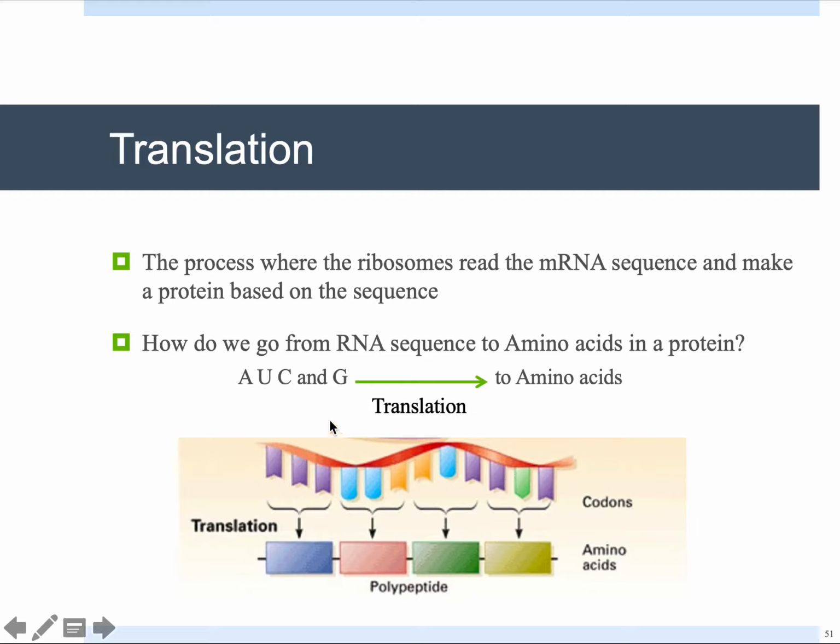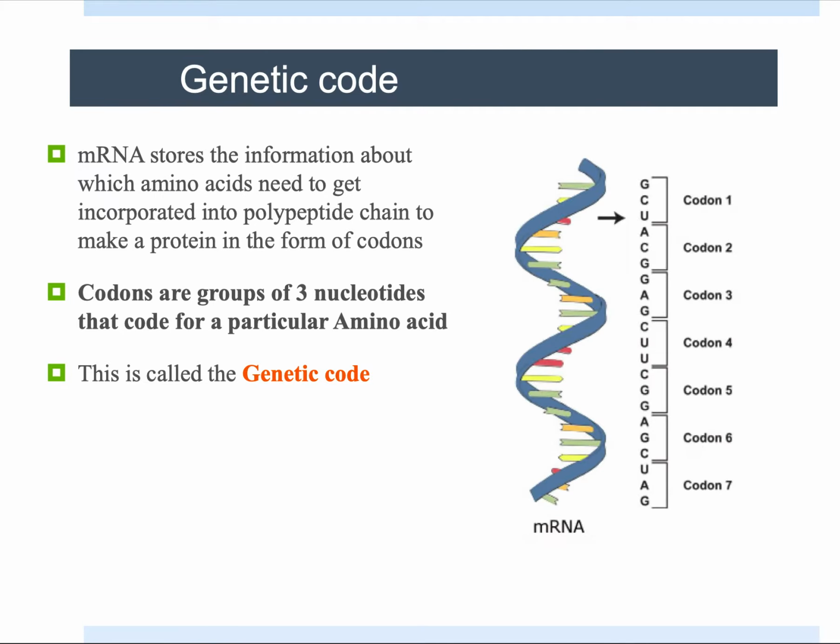So how do we go from RNA to amino acids? Now that you have the RNA, the cell should be able to read that information and interpret it. It's like you're translating a language, interpreting it and then instructing the cell to form a particular sequence of amino acids. So that's what translation is about.